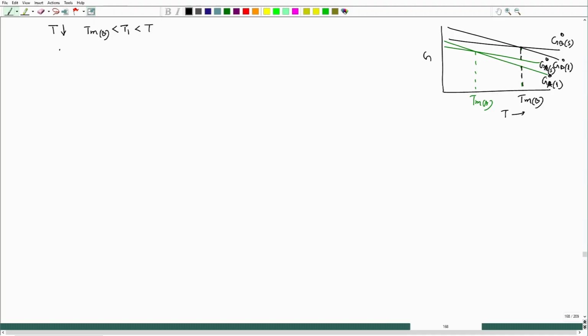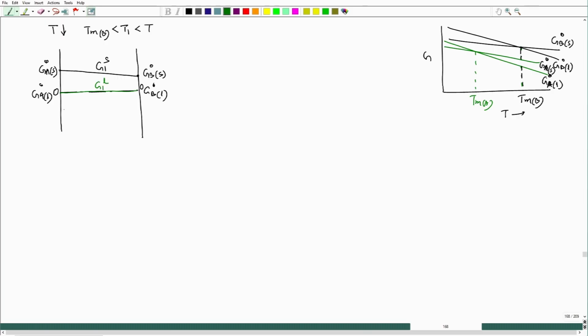So, now the condition, this is 0, 0, this is G B naught liquid, G A naught liquid, and corresponding solid line G B naught solid, and here it will be a little above, relative position will be here. So, now solid G1 is this one and liquid G1 is this one.